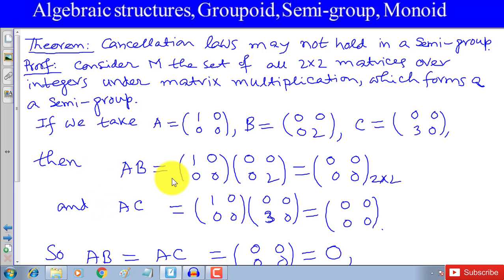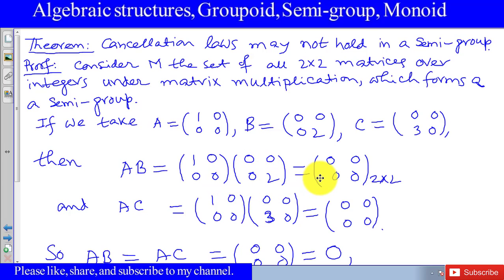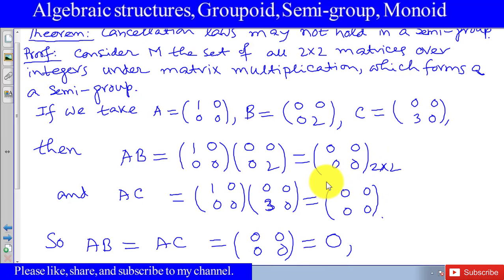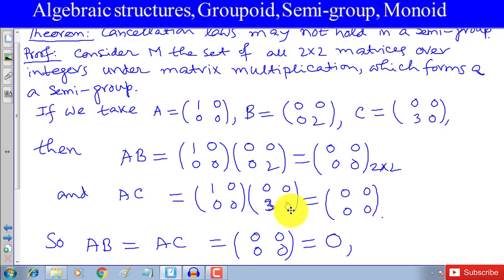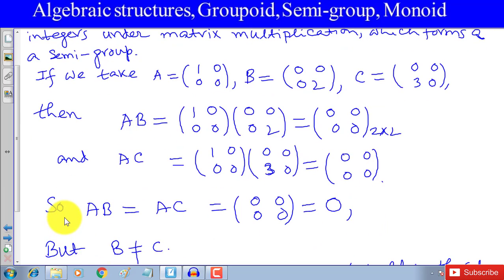then A into B is equal to [1 0; 0 0] into [0 0; 0 2], which is equal to [0 0; 0 0], the 2 by 2 zero matrix, and A into C is equal to [1 0; 0 0] into [0 0; 3 0], which is equal to [0 0; 0 0]. So AB is equal to AC is equal to the zero matrix, but B is not equal to C, since B is [0 0; 0 2] and C is [0 0; 3 0], which are distinct.